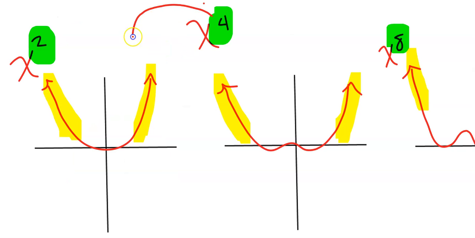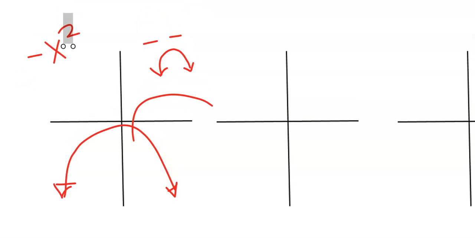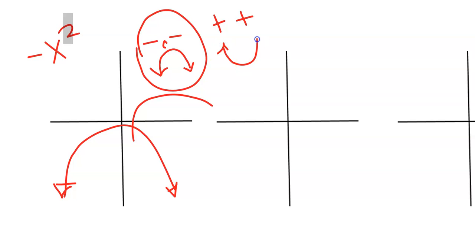If it's negative, I want to look for something shaped like this. It's easy to forget which way these are supposed to open, up or down. But if it's negative, it opens down. If it's positive, just like positive people are, it's going to open up like this. So that kind of helps us remember what it's going to look like.